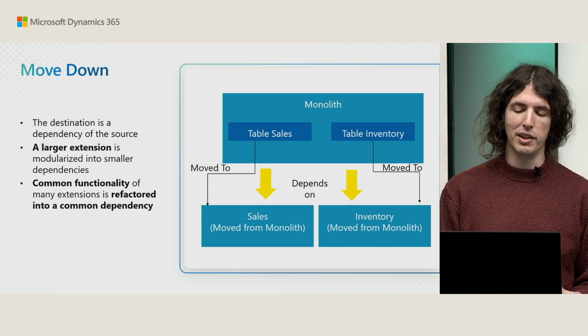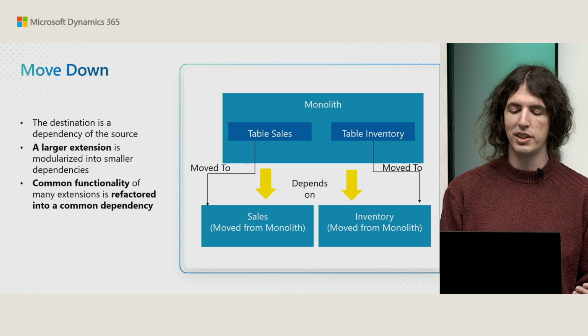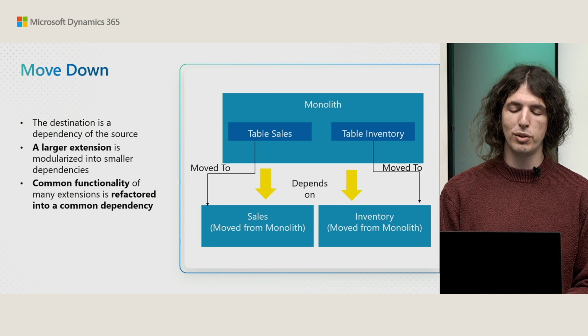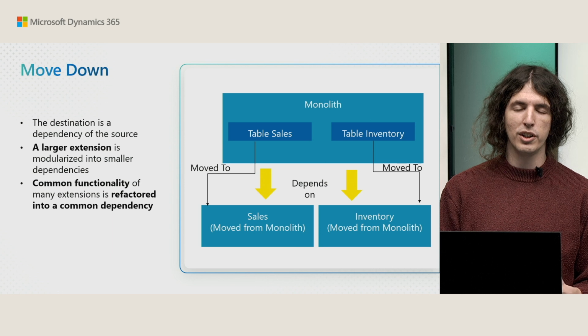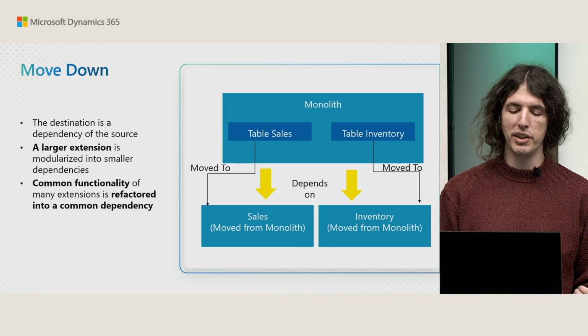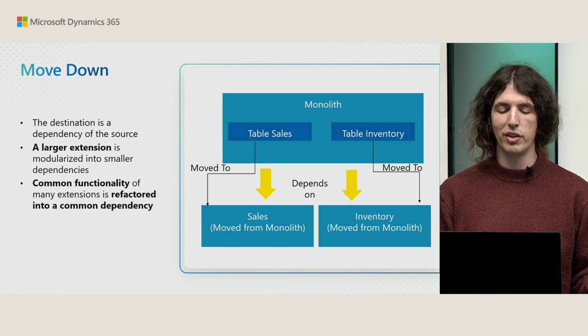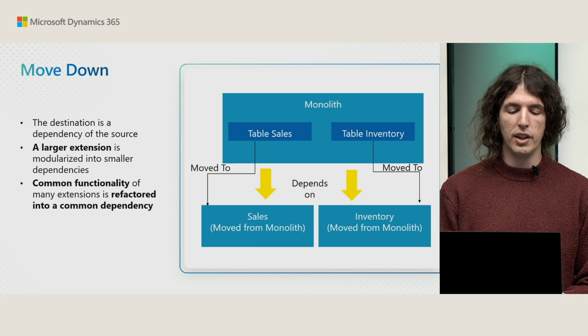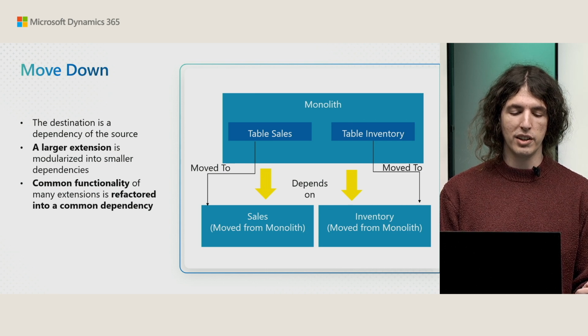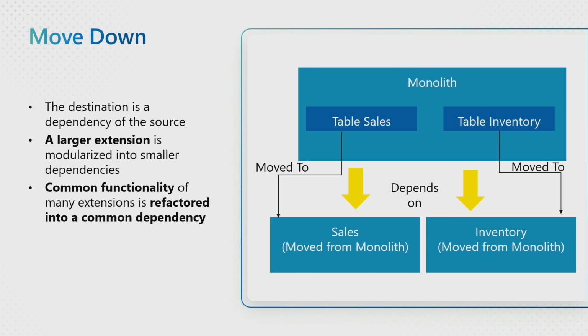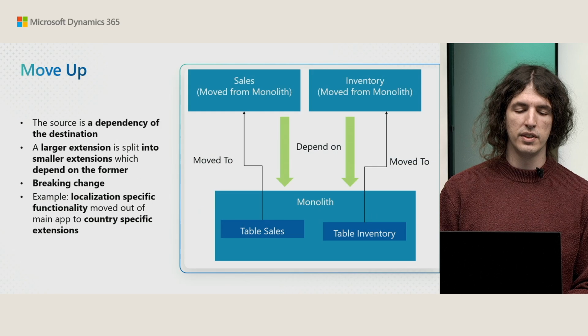So if we look at the graph, for example here, we have a large monolith app which contains two tables, sales and inventory, and we want to split this large app into smaller parts. So we want to make two dependencies, a sales app and an inventory app, and move the tables there so we can, for example, assign them to different teams so they can work on them. Another possible functionality could be to take out common functionality that many extensions are using into a common dependency so that we can use it in multiple places.